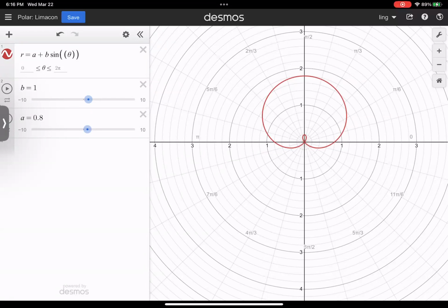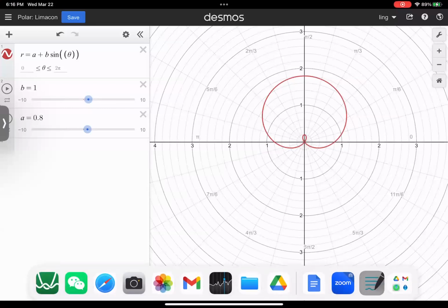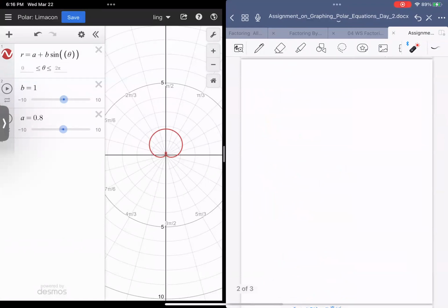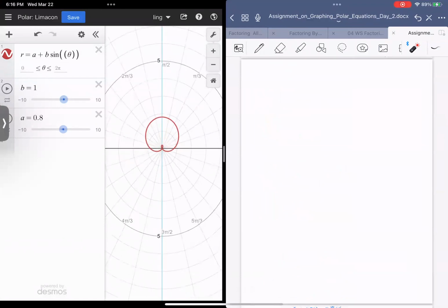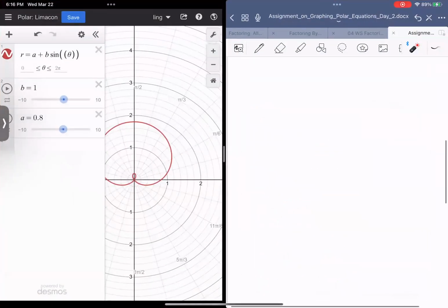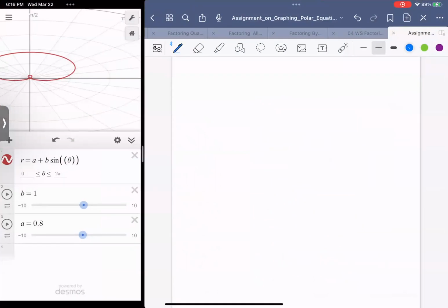Make sense? You want to summarize this in your own notes. Because for this part of the test, they want you to immediately draw the graph and also write down the correct name. So you need to summarize this by yourself and remember it.